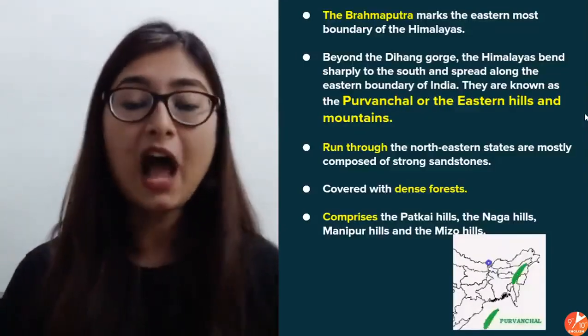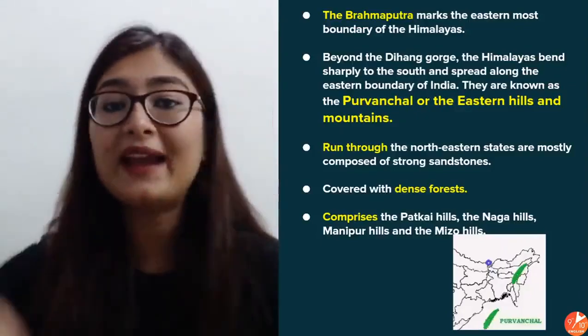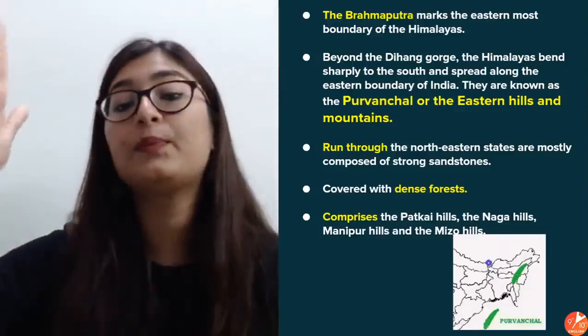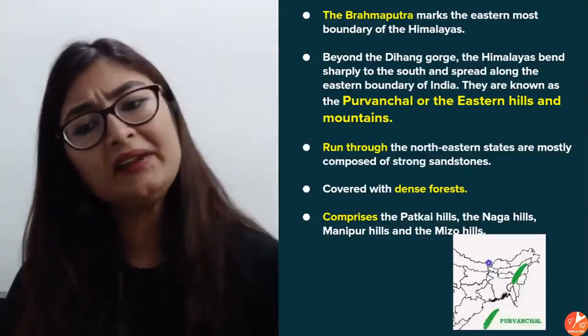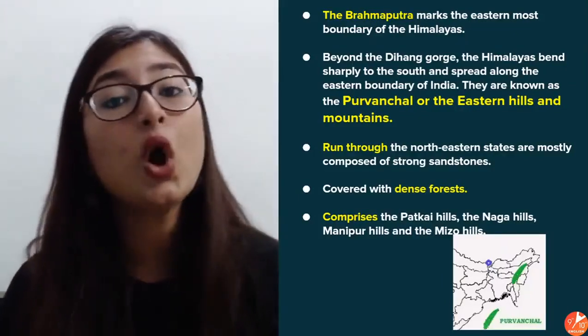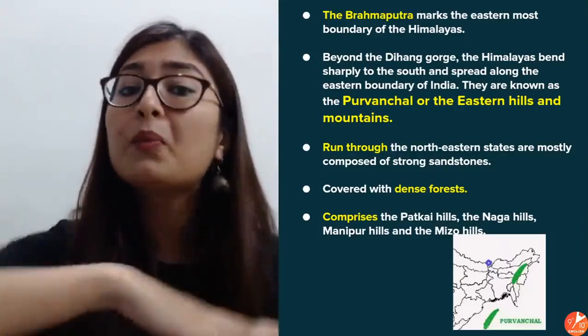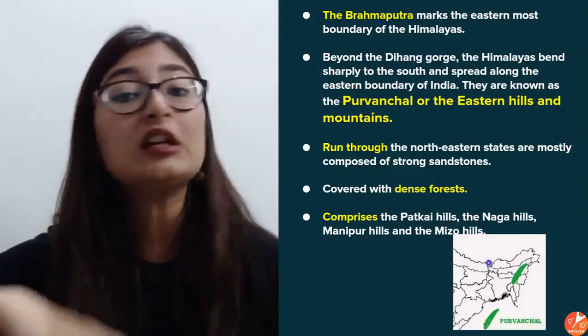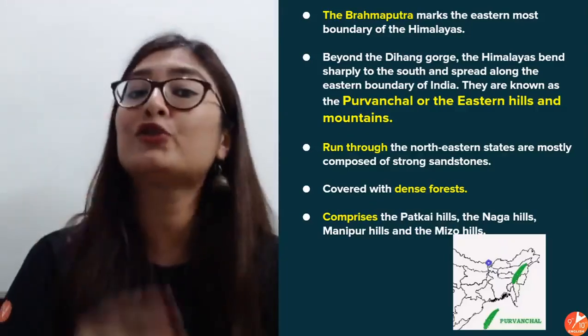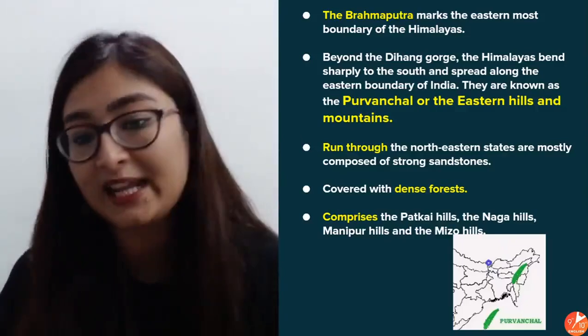That is after the Dihang Gorge, where it suddenly bends and forms the Purvanchal. They run through most of the states of the northeastern region, which, because of the mountain terrain, makes it very difficult to travel over here, but they're also the biggest attraction of all of these places.